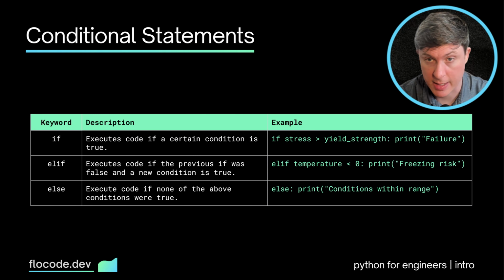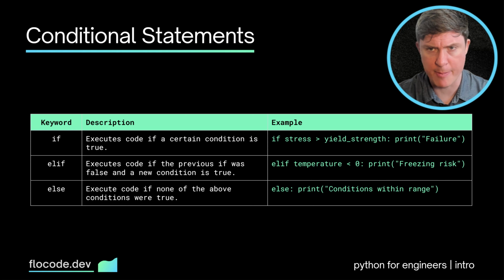Conditional statements like if, elif, and else, which are Python-specific keywords, can direct your program's actions based on these types of evaluations. It's like embedding your problem-solving process into the program and guiding how Python should calculate for different scenarios or to generate different design alternatives.